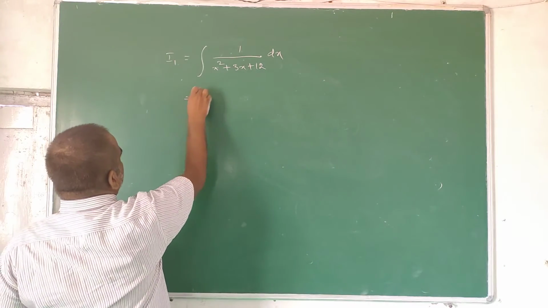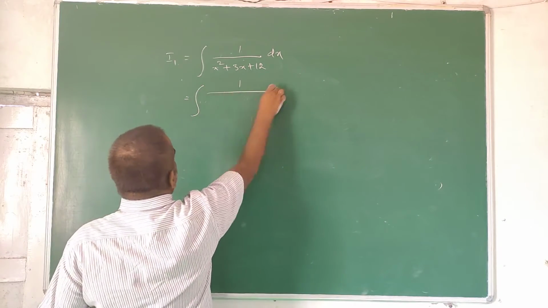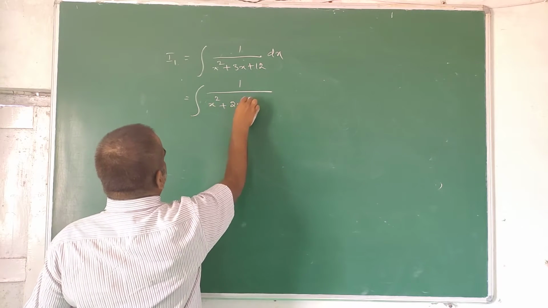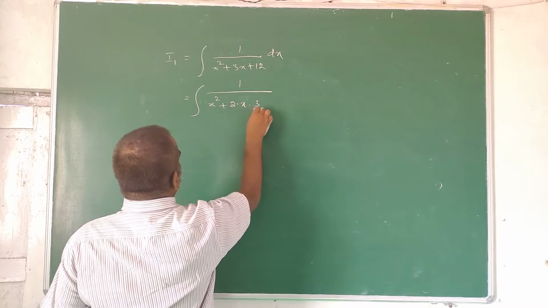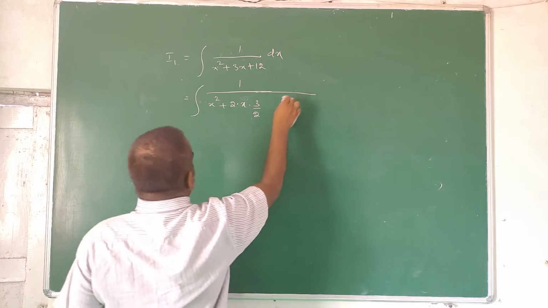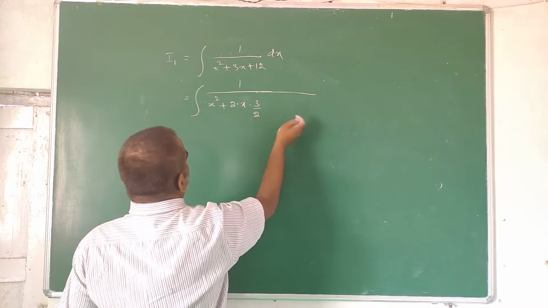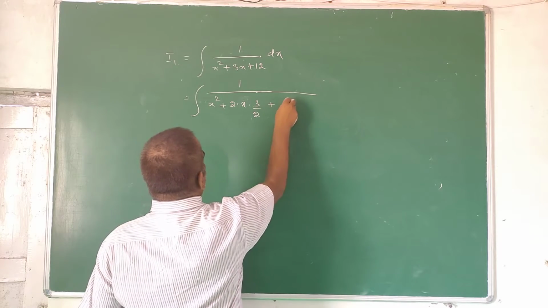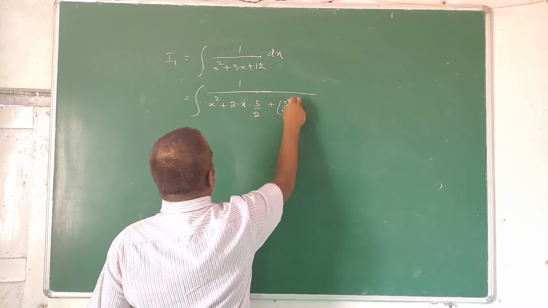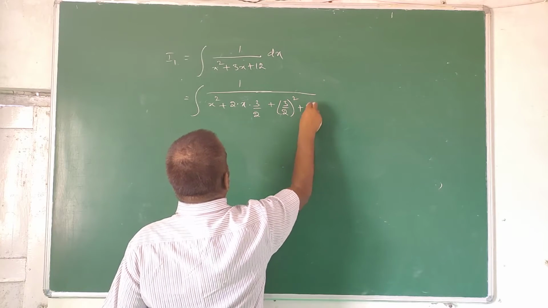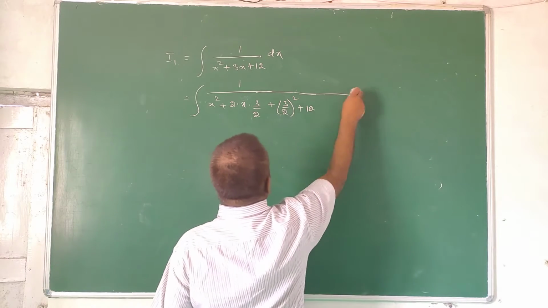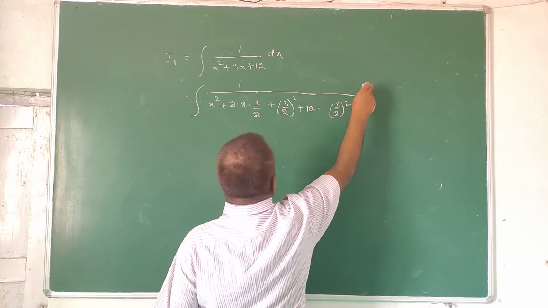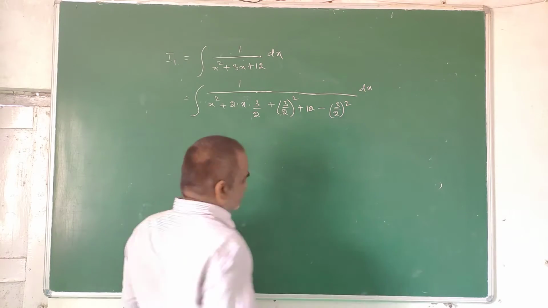So this is equal to integral 1 by x square plus 2 into x into 3 by 2, right? Multiplied and divided by 2, because we have to get that a square plus 2ab plus b square form. So plus b square, so plus 3 by 2 whole square plus 12. We added 3 by 2 whole square, so we have to subtract 3 by 2 whole square. Added and subtracted 3 by 2 whole square.